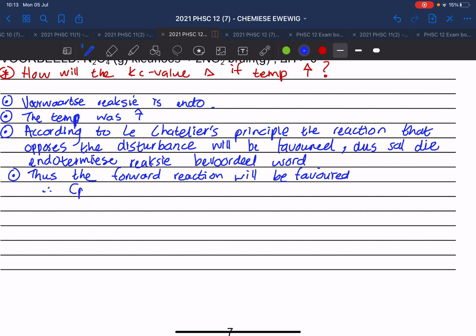Thus the concentration of the products neem toe. Dit wil sê die Kc waarde neem toe. Die verskil tussen die twee is maar net dat jou produkte in die eksotermiese reaksie neem af en die konsentrasie van die produkte neem af.